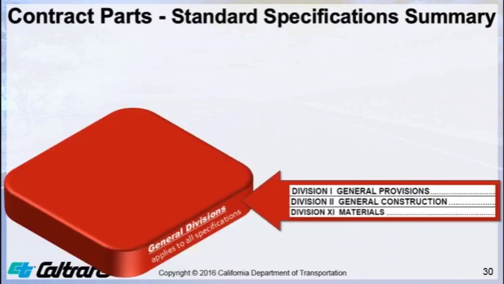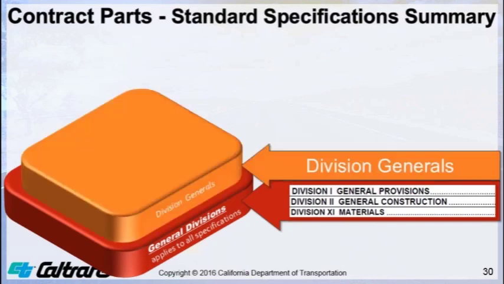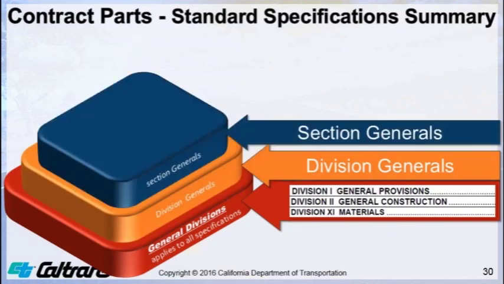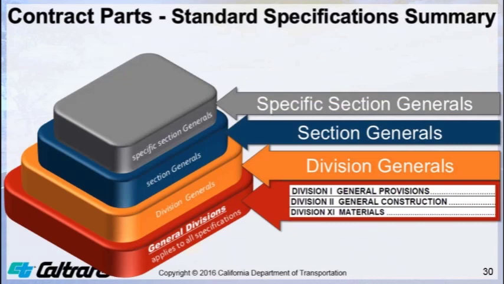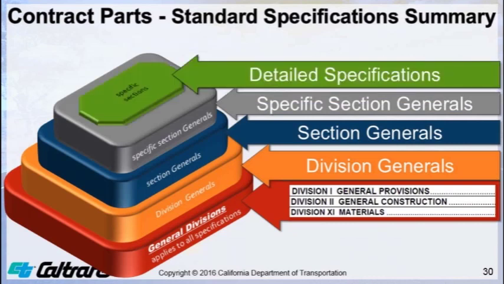In summary, to navigate the specifications, you start with the first 2 digits of the bid item number. In order to build the specification requirements for a bid item, you start with the general divisions as a foundation and then add division generals, section generals, specific section generals, and finally, add the detailed specific item specifications.